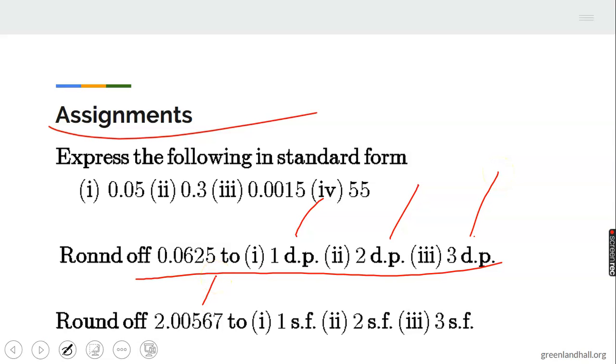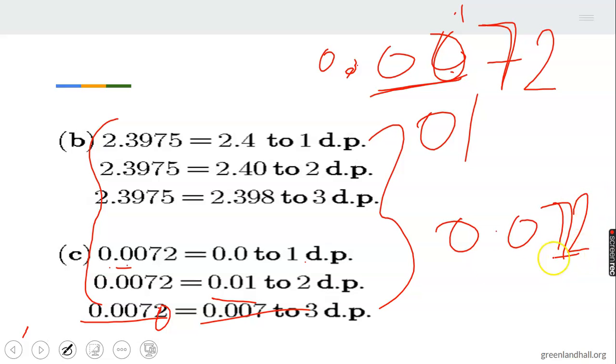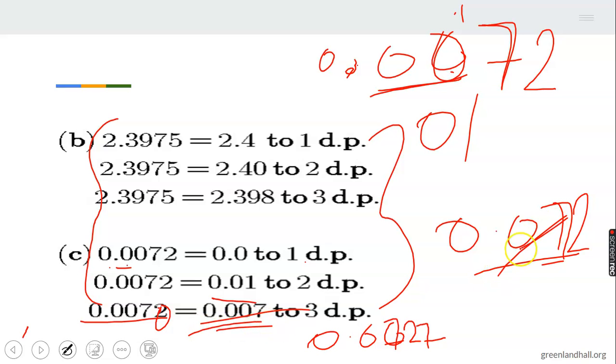Round off to 1 significant figure, 2 significant figures, and 3 significant figures. That is that. Now, back to this one, it should be 0.072. These are the first 3 numbers that we have there.